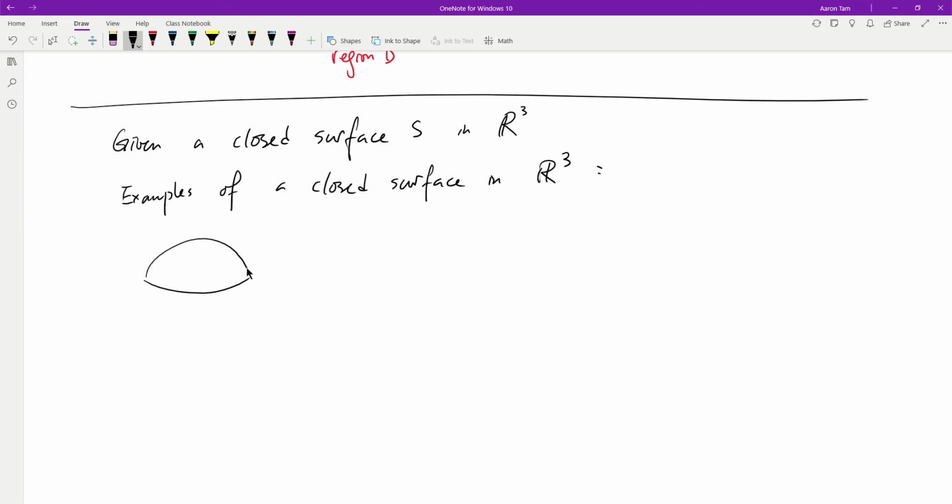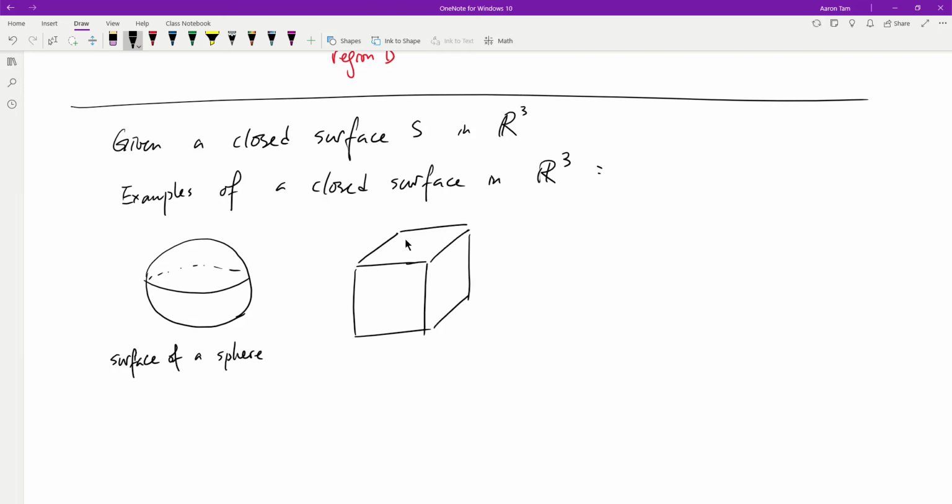We can definitely form a sphere, well, the surface of a sphere. We could definitely have the surface of a cube. You can even have a hemisphere as long as it's completely enclosed.